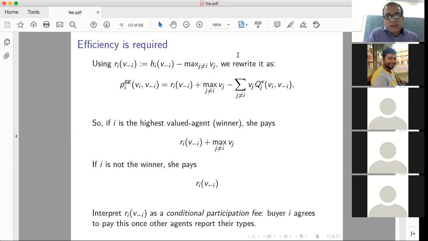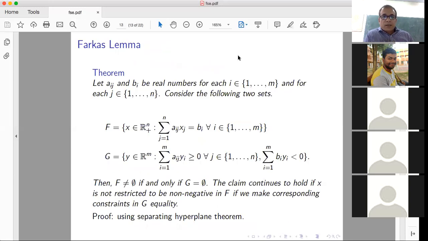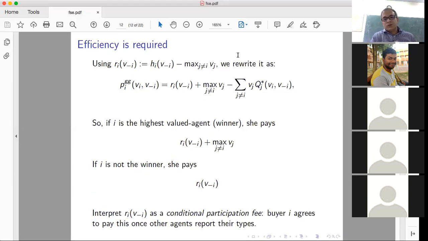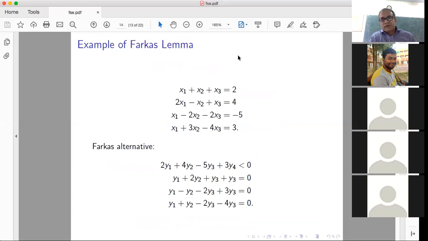So all I have told you is that every Groves mechanism is a Vickrey auction plus a conditional participation fee mechanism. That's what we are going to use. Let me go to the result first.